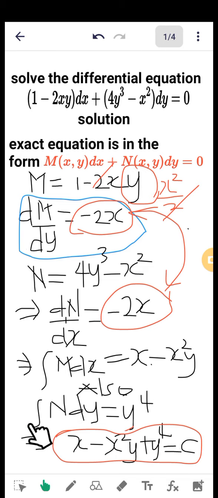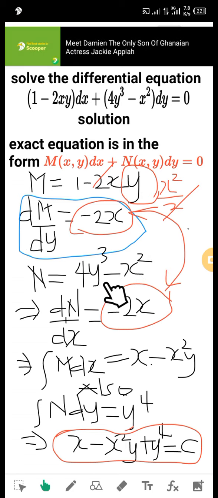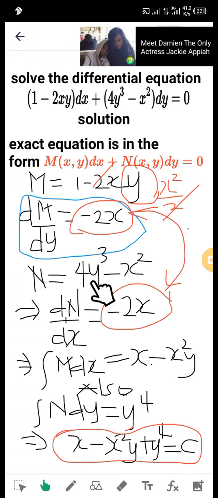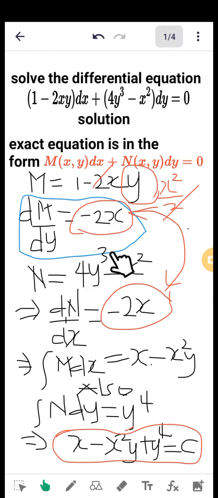Then the next thing is that we integrate N with respect to y. This is my N function. When integrating N with respect to y, note that we are only concerned with the y, so my x component will be 0.